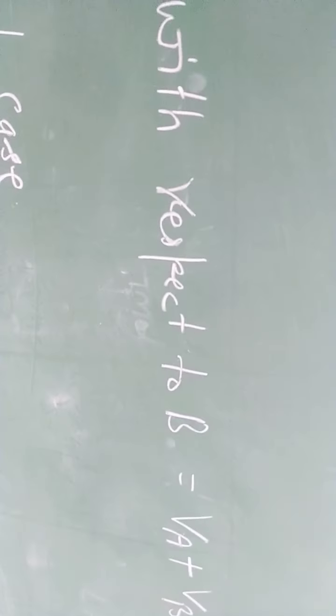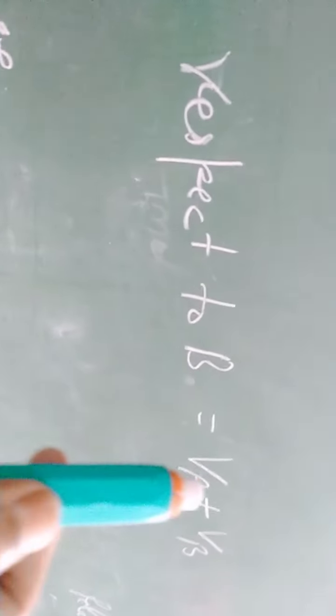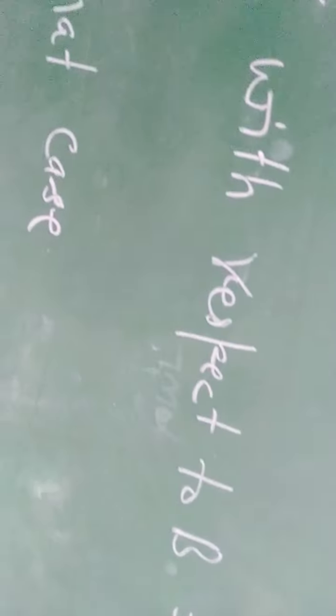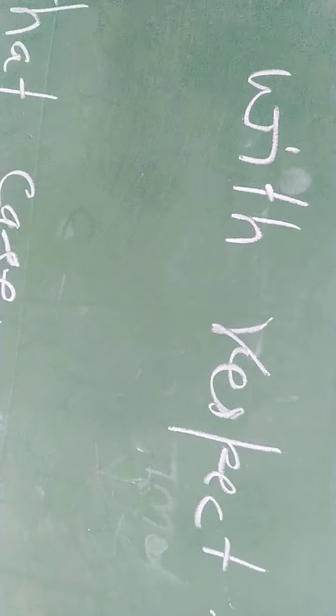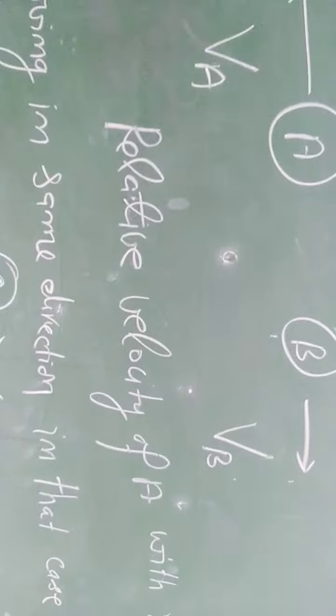They are in opposite directions. Therefore, the relative velocity of A with respect to B is equal to Va plus Vb, right? And the relative velocity of B with respect to A will also be Va plus Vb. So in the case of opposite directions, the relative velocity is the sum of them.